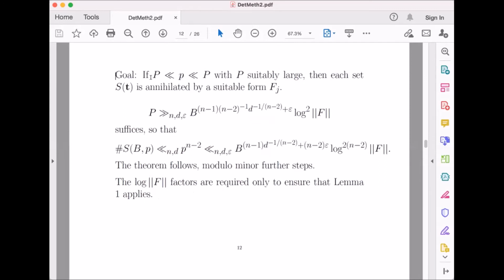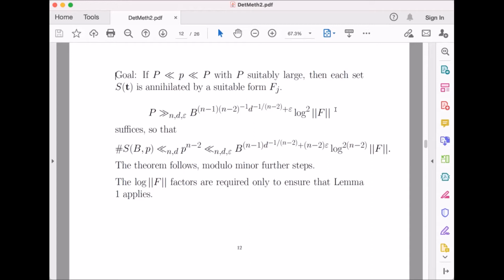So here's our goal. We're going to show that if little p is of order exactly P, with capital P suitably large, then each set S_t is annihilated by a suitable form f_j. And it will turn out that suitably large is this large.